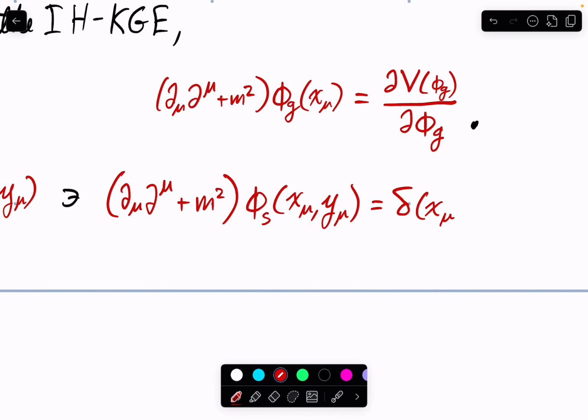Not Dirac equation, sorry, the Dirac delta function. They're two very different concepts.